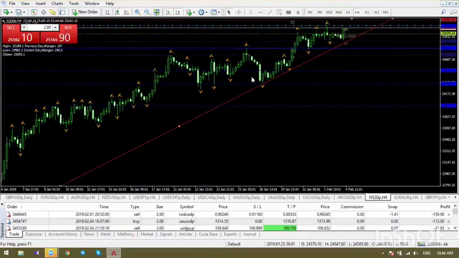Excuse me, usually the body they just showed us doesn't have any shadows. Yes, it's possible that it doesn't have any shadows at all. But it has to be completed inside the pivot, right? Yes. If the body is longer than the shadow, or sometimes it doesn't even have any shadows, it just has a long body.